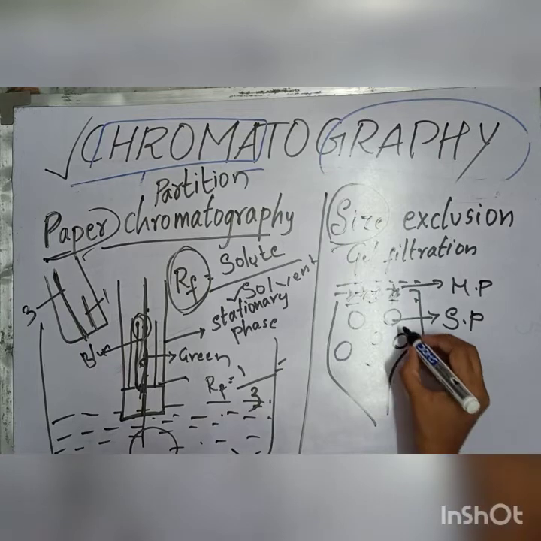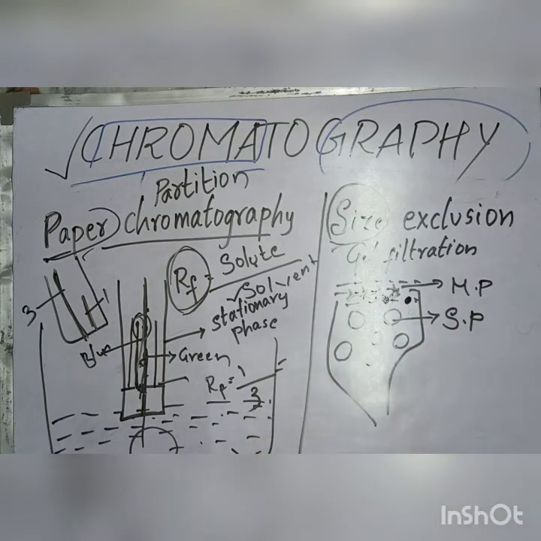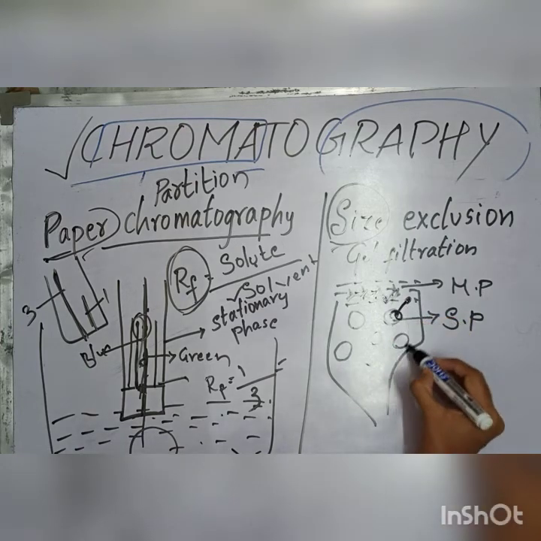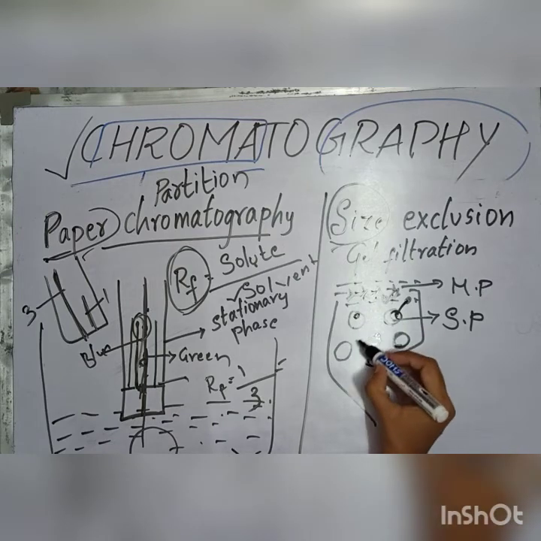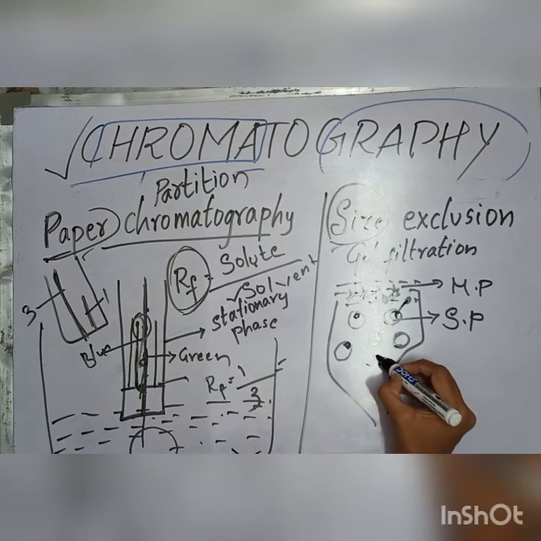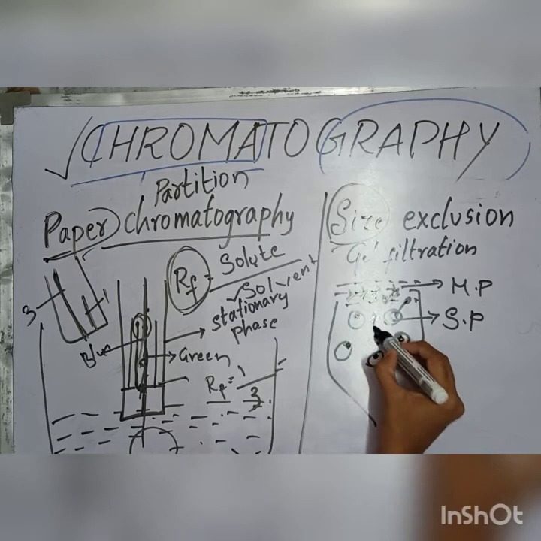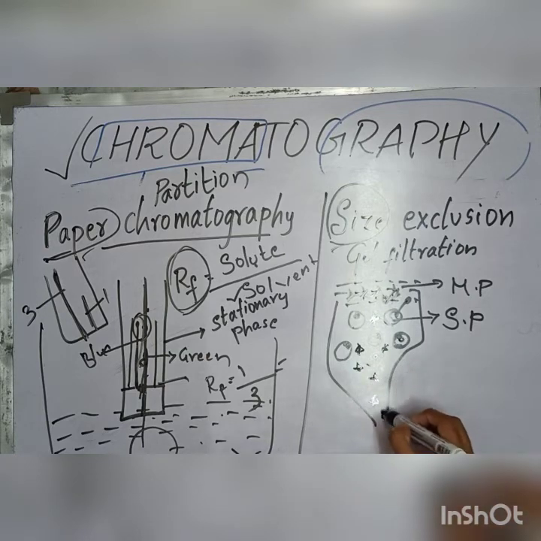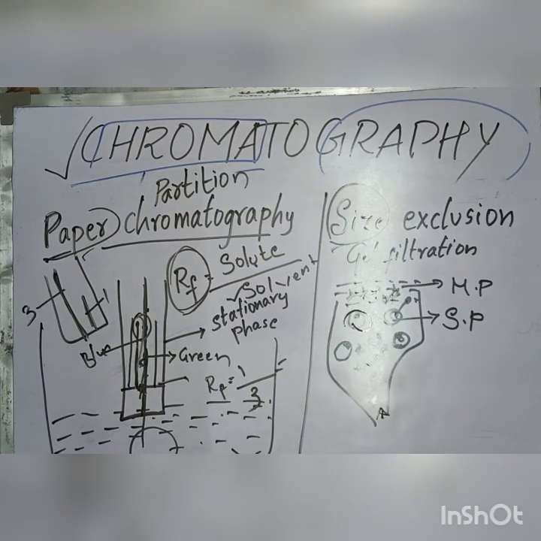Suppose these particles are small, the particles will enter the holes of these gel beads. Just assume the small particles have entered the gel beads, and the remaining ones will simply pass between the gel beads and come out. Which are larger than the gel beads are coming out first. Which are smaller are entering into the gel beads.